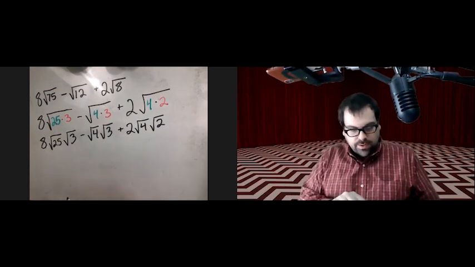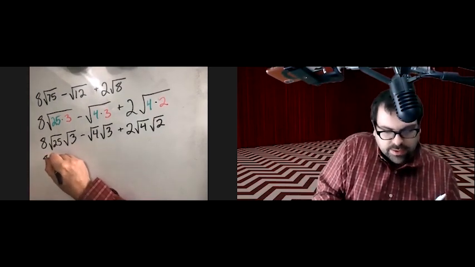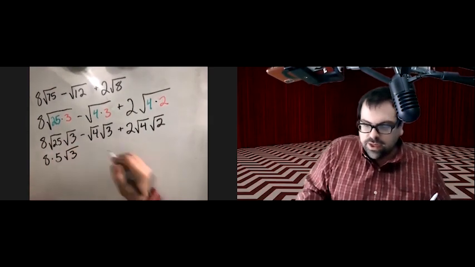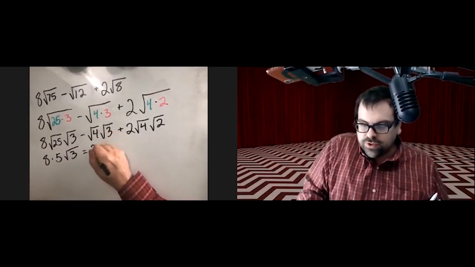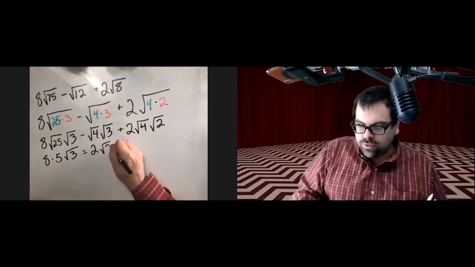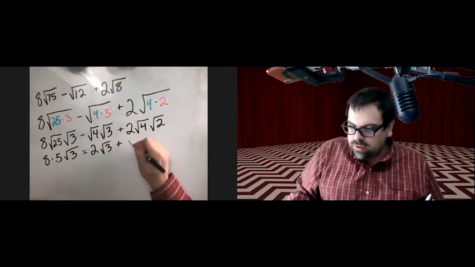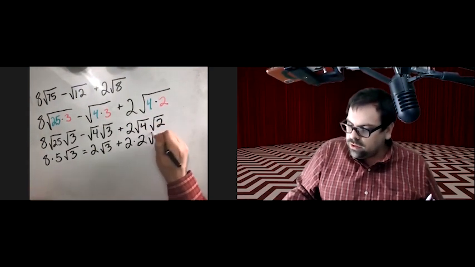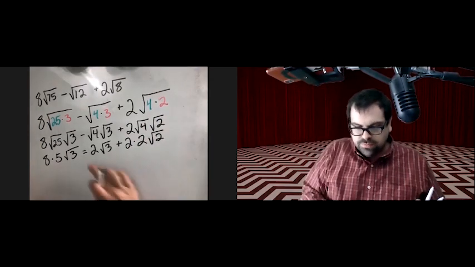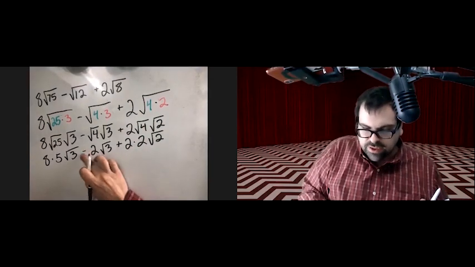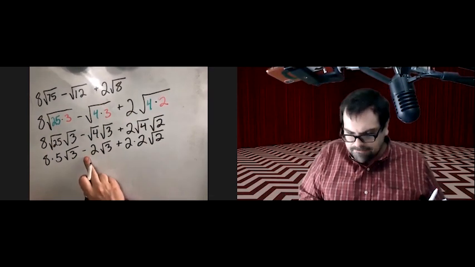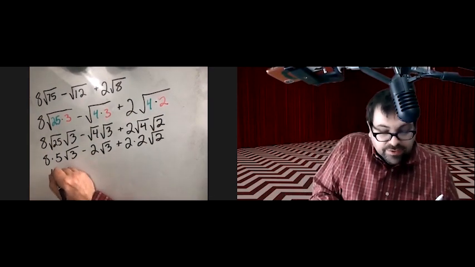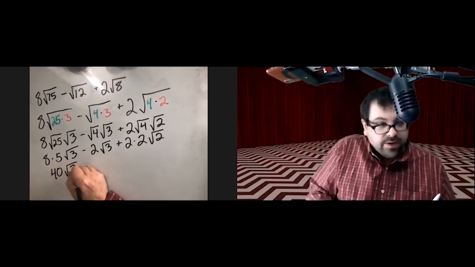Okay. 8 radical 25 is 5. Radical 3. Radical 4 is 2. Radical 3 plus 2 times radical 4 is 2. Radical 2. Oops, I accidentally put an equal sign there. That should be a minus. 8 times 5 makes that 40 radical 3.